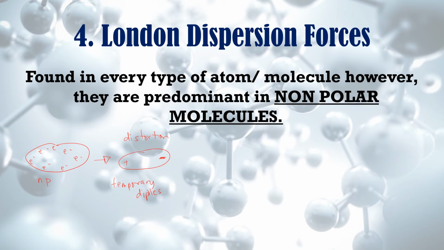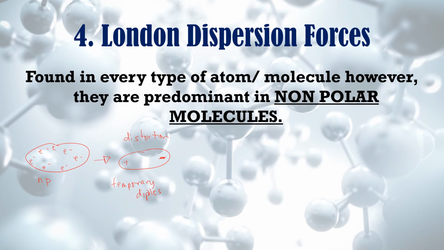As you can see, it already has a positive and a negative side, but it's only a temporary dipole. So here is the reason why LDFs are the weakest type of IMF: they only make temporary dipoles. Any changes in the environment could distort these molecules back.